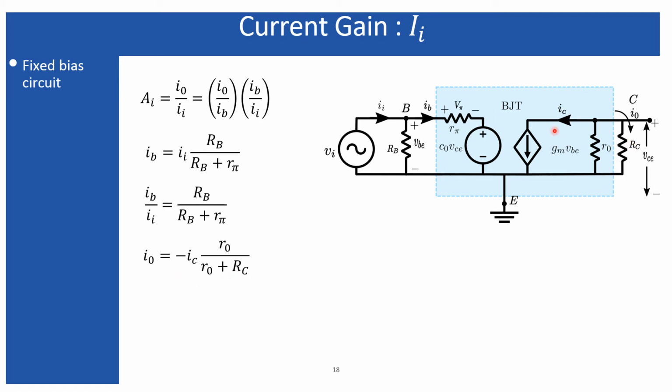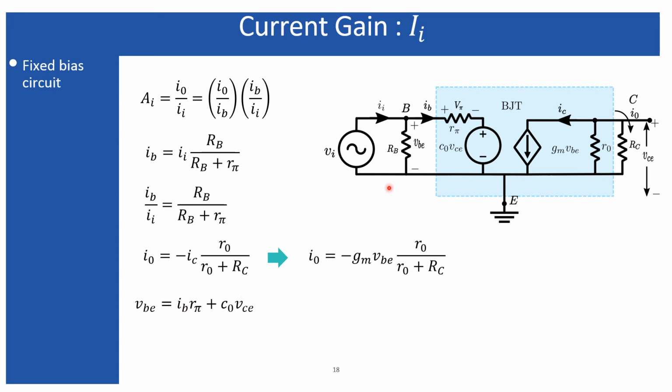So I naught is equal to the current along this direction, which is minus IC, times the R naught divided by R naught plus RC. So that is equal to I naught. And IC can further be replaced by GM multiplied by VB, so minus GM VB is replaced as IC.